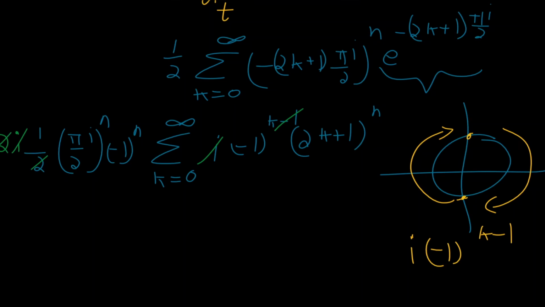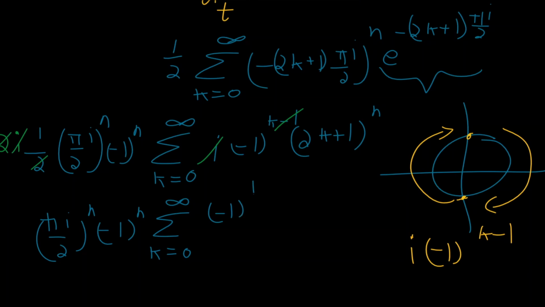So rewriting everything once more, we have pi i over 2 to the n times negative 1 to the n of our sum from k equals 0 to infinity of negative 1 to the k, and then 2k plus 1 to the n, pardon me, minus n.